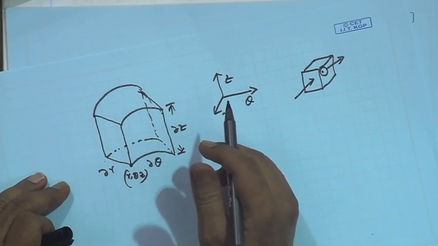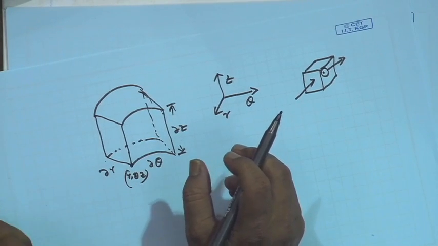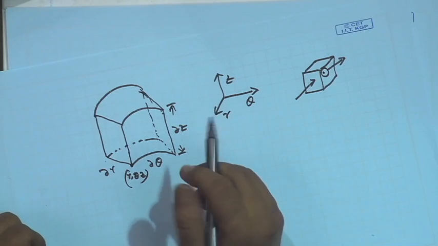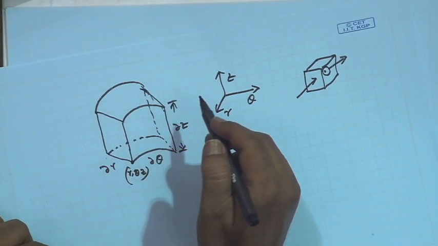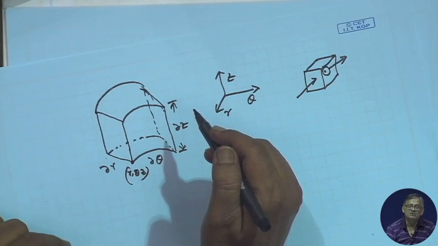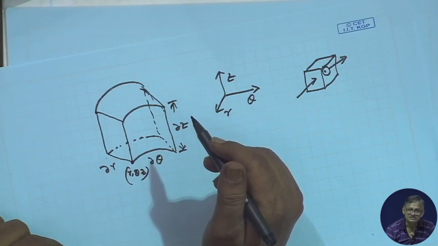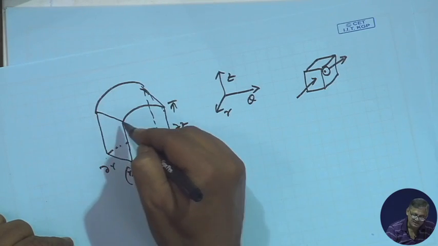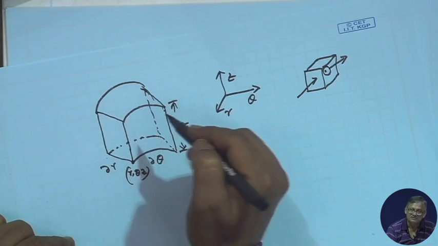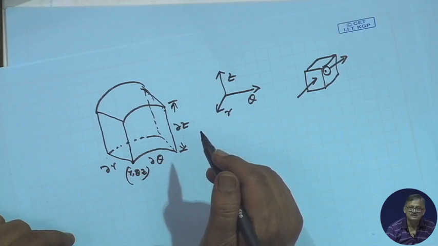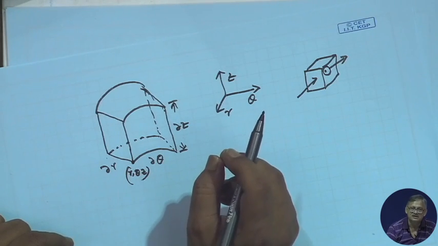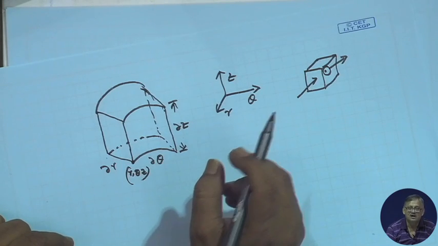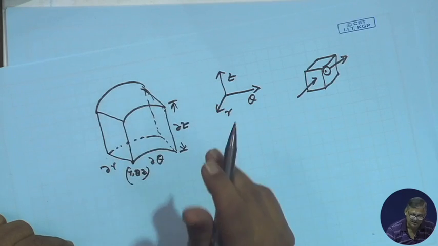Since we are taking the volume element as small as possible, those changes we will ignore, otherwise this will become too complicated. So to avoid the complication, we assume the two areas are more or less the same. So the changes with del r, del theta, or del z, we are neglecting for the upper one.